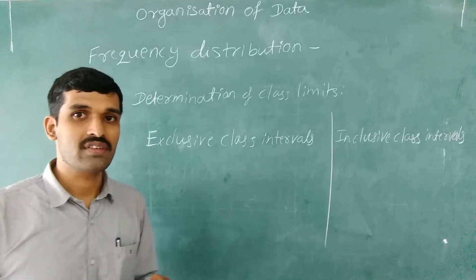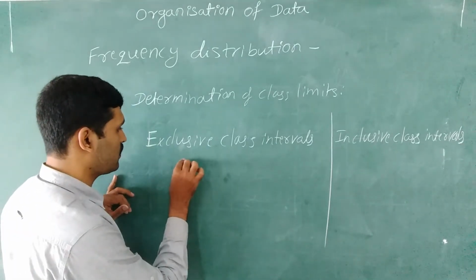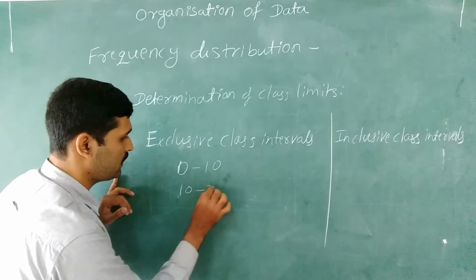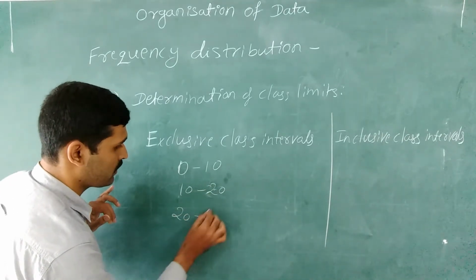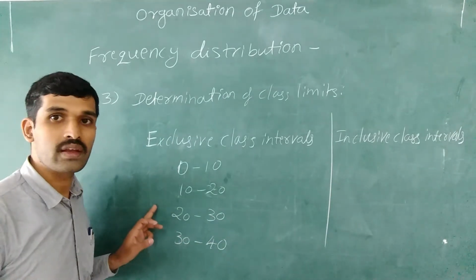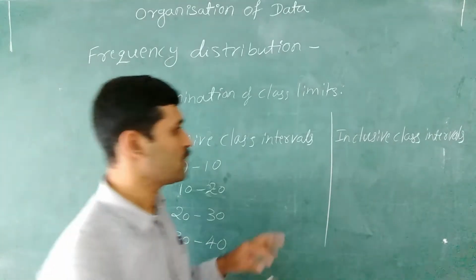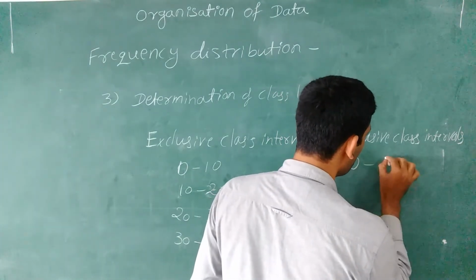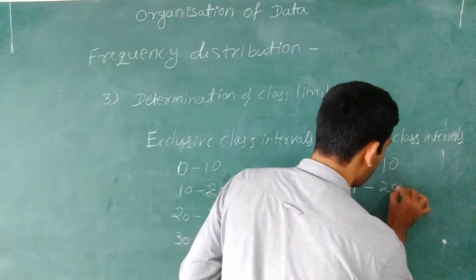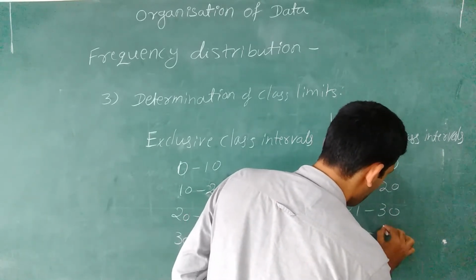In exclusive class intervals, we take the class intervals like 0 to 10, 10 to 20, 20 to 30, 30 to 40. In inclusive class intervals, we take values like 0 to 10, 11 to 20, 21 to 30, 31 to 40.